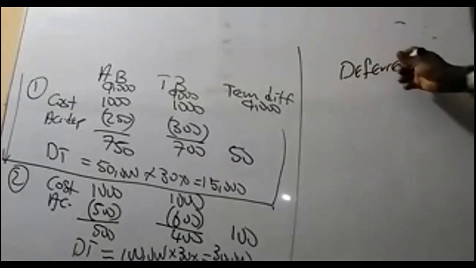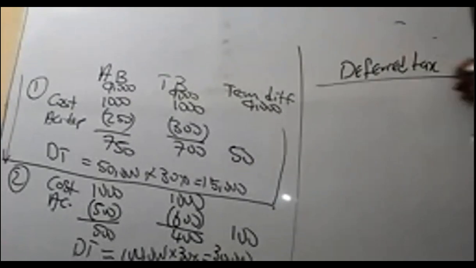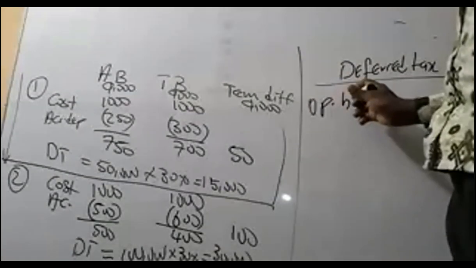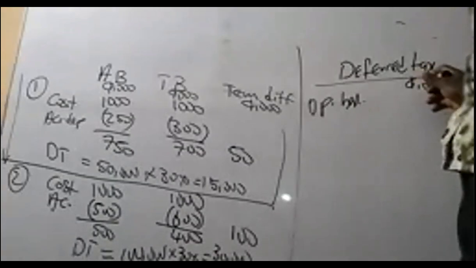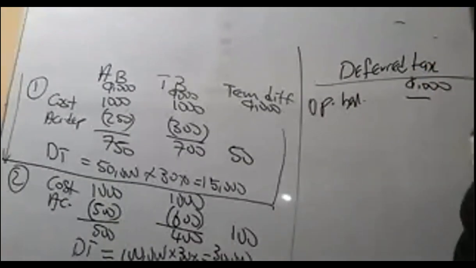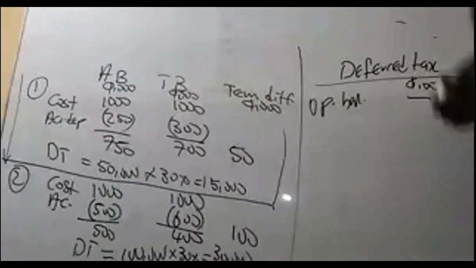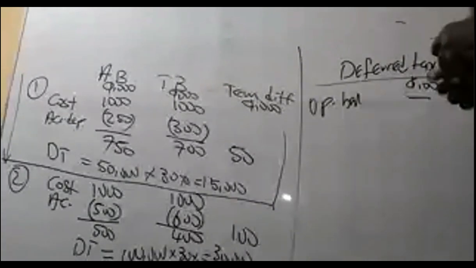Now if you have the deferred tax account here, what is the opening balance? Opening balance will be dash for the first year, right? Let me do some demarcations here so that we can have like 2 to 3 years.